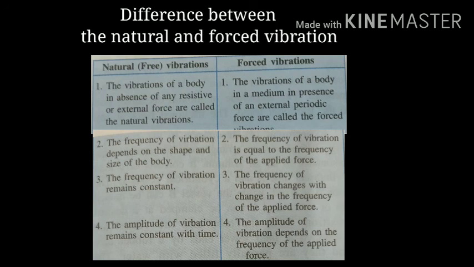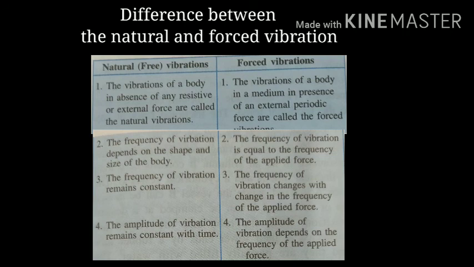Now the second point says the frequency of natural vibrations depends on the shape and size of the body. But in the case of forced vibration, the frequency of the vibration is equal to the frequency of the applied force. Third point says that the frequency of vibrations remains constant in natural vibrations, but the frequency of vibrations changes with the change in frequency of the applied force in the case of forced vibration.